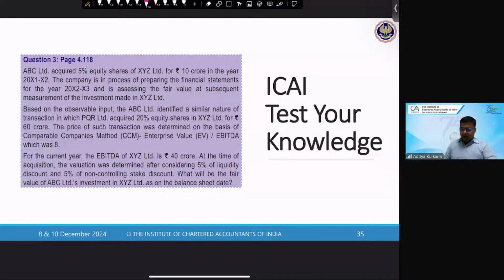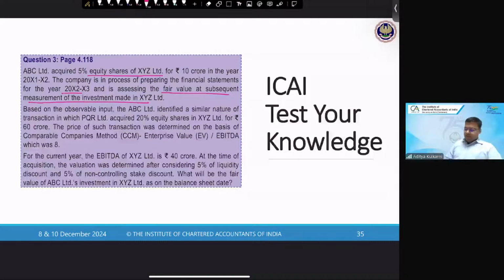ABC Limited acquired 5% equity shares of XYZ for 10 crore in the year X1, X2. The company is in process of preparing the financial statements for the year X2, X3 and is assessing the fair value at subsequent measurement of the investment made in XYZ Limited.